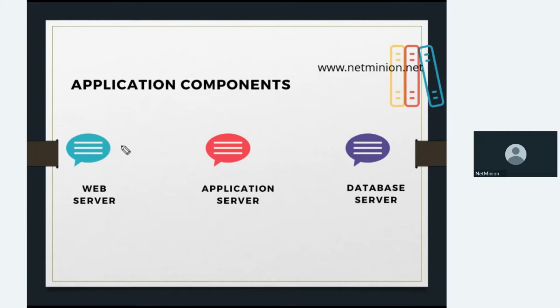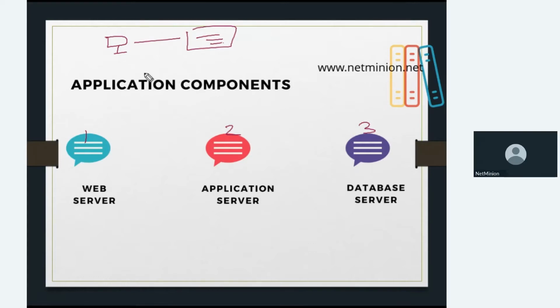Usually these three components, which are visible on the screen: the web server, application server, and the database server. So I was talking about the client and I was talking about the server, right? When I was talking about the server, I was using the HTTPS request or HTTP request.